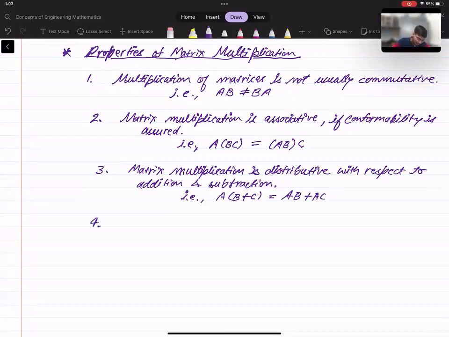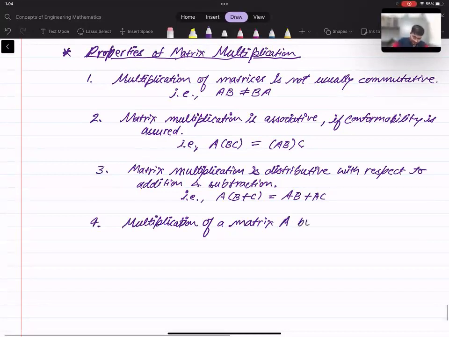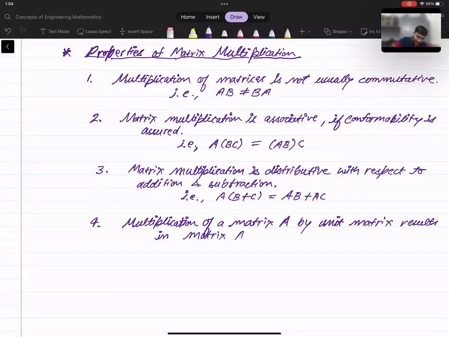So the next property says that multiplication of a matrix A by unit matrices results in the matrix A itself.